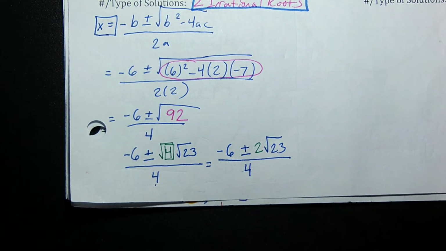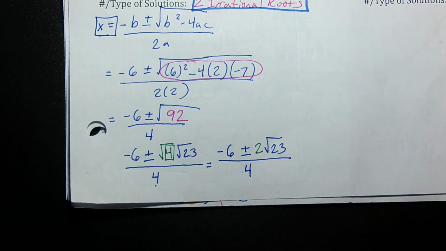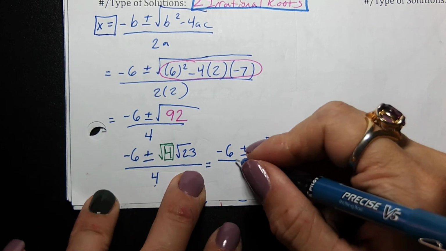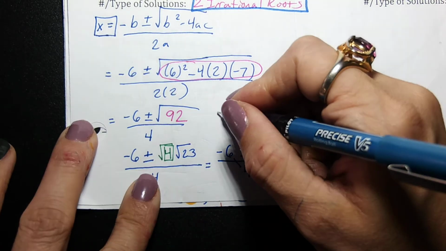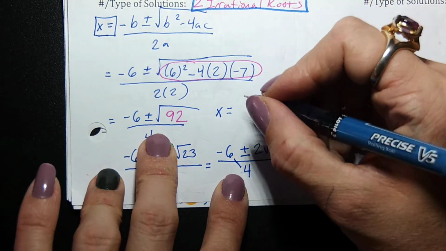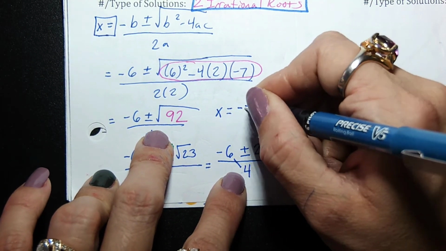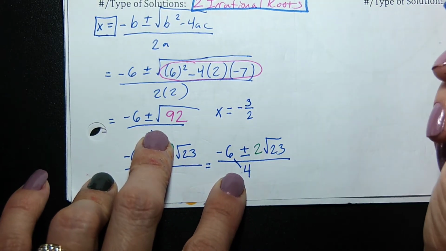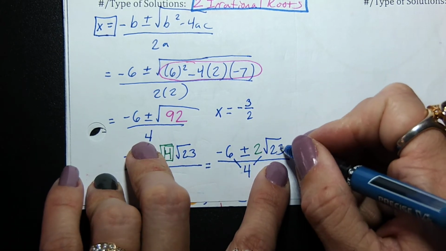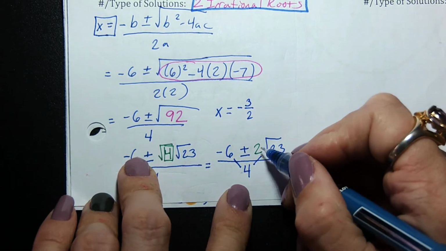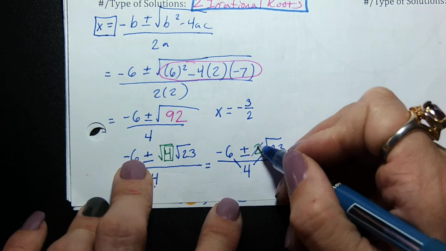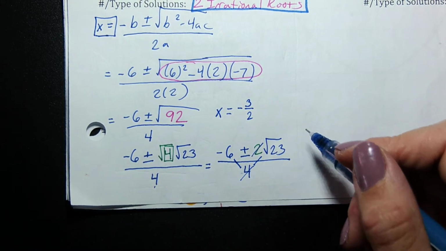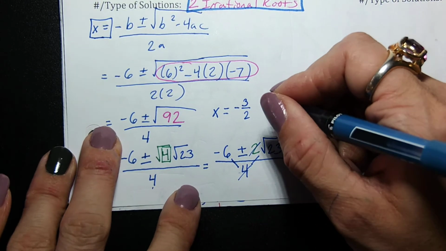Gross. It looks awful, doesn't it? Can we simplify this? I can do division distribution. What does negative 6 over 4 simplify to be? Negative 3 halves. And then 2 rad 23 over 4. I can cancel out the 2 with the 4 since that 2 is not trapped outside the radical.